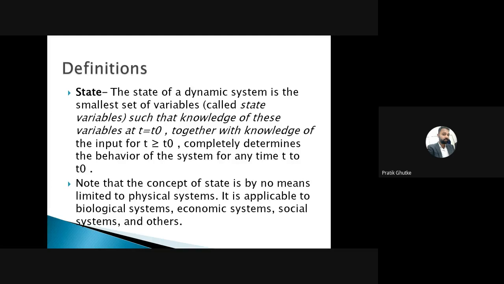So what is the first definition? As our unit says, it is state space analysis. So what do you actually mean by state? So here is the definition of state.